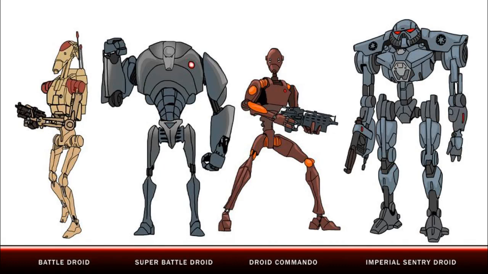It is important to note that the battle droids that we will see here not only saw useful service during the Clone Wars, but beyond them.